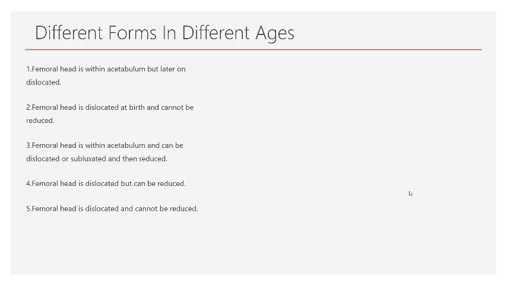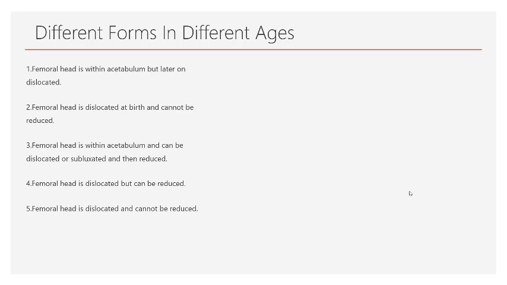What is meant by different forms and different ages? At one extreme, a baby is born with the femoral head in the acetabulum, and on examination, the femoral head cannot be subluxated or dislocated. At the other extreme, a baby is born with the femoral head already dislocated and it cannot be reduced. In between these two extremes, there are different entities.